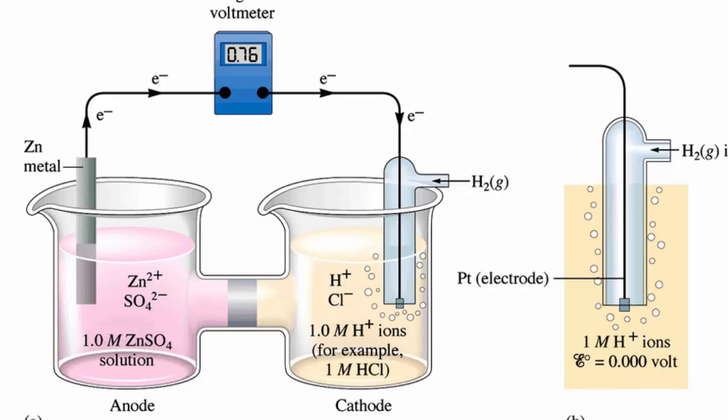So when zinc gains electrons, when it's reduced, it will become zinc metal. And when zinc metal is oxidized, it will become zinc 2 plus. Because that's my half reaction, Zn goes to Zn 2 plus plus 2 electrons, I can use a zinc metal electrode.